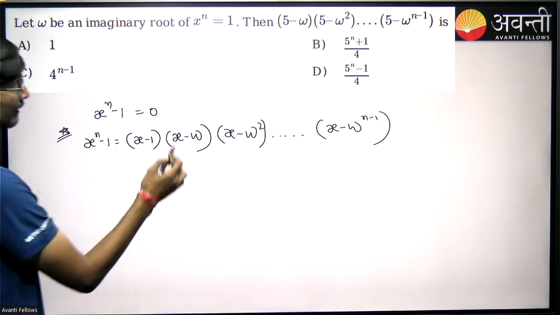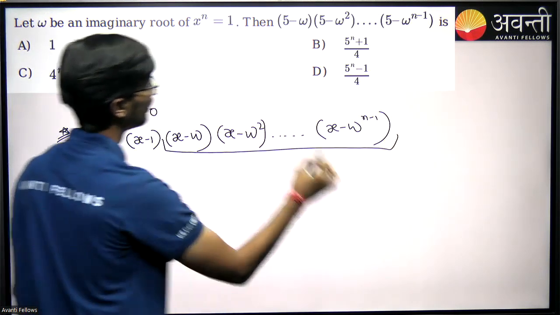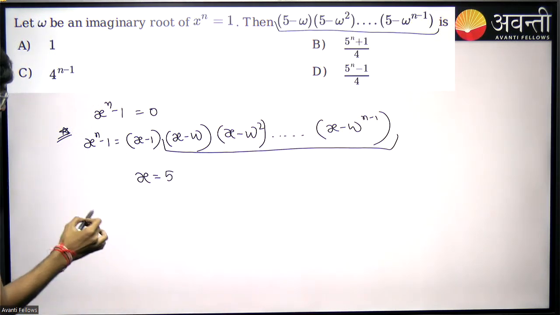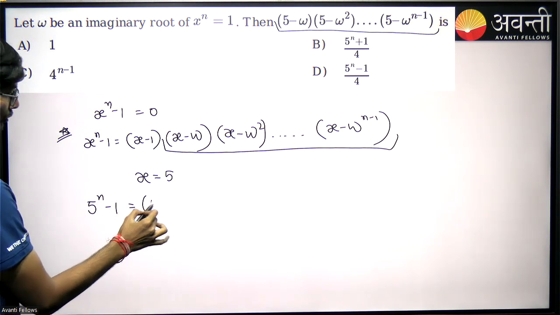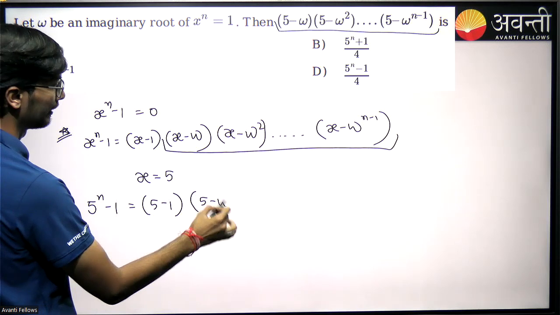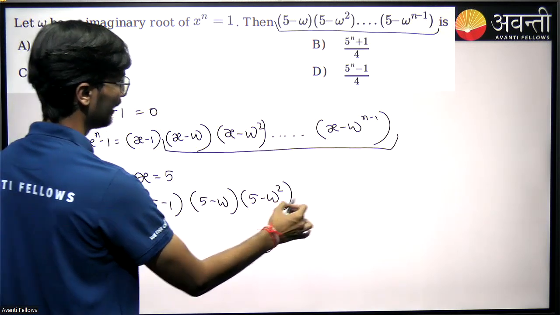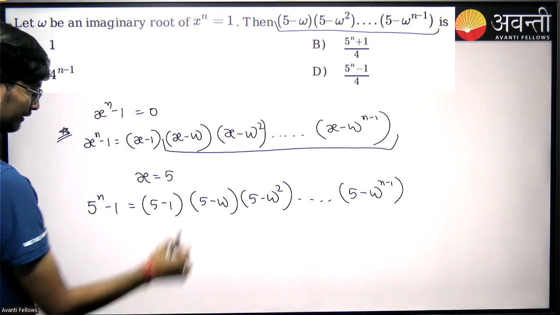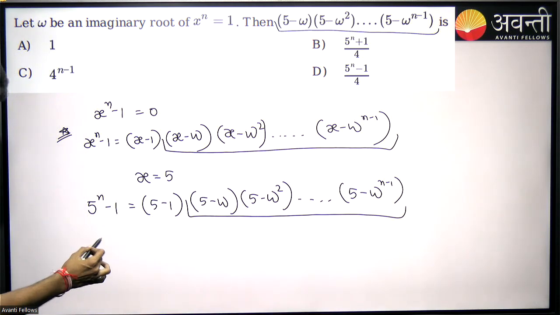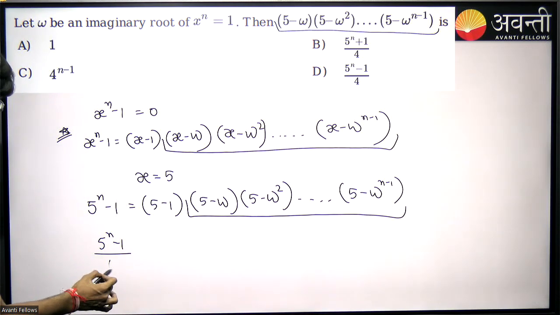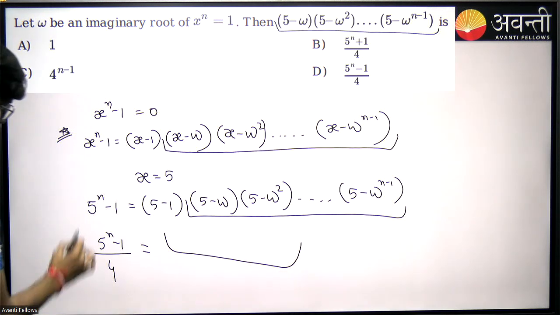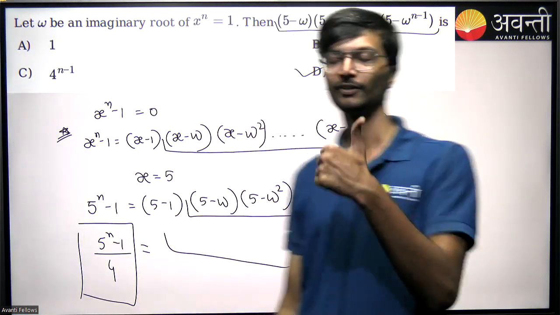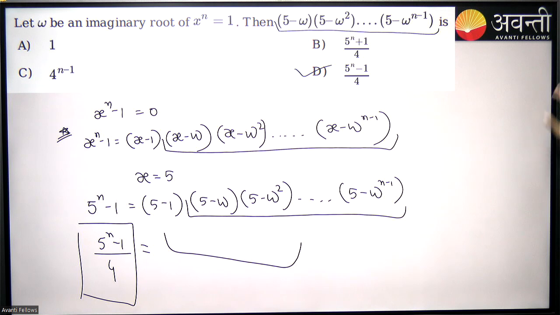Now as you can see these terms, guys, here in place of x, we have 5. So I'll get 5 raised to n minus 1 is equal to 5 minus 1 into 5 minus omega, 5 minus omega square, and so on up to 5 minus omega raised to n minus 1. So we want this. So this will be equal to 5 raised to n minus 1 upon 4, which is the required. This is my answer, option number D. Got it, guys? Let's see the next.